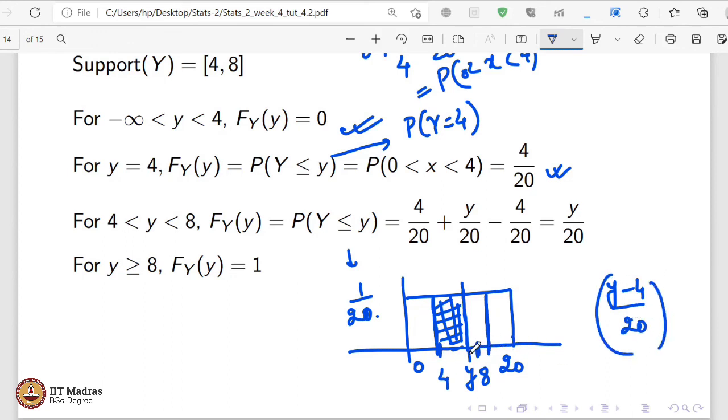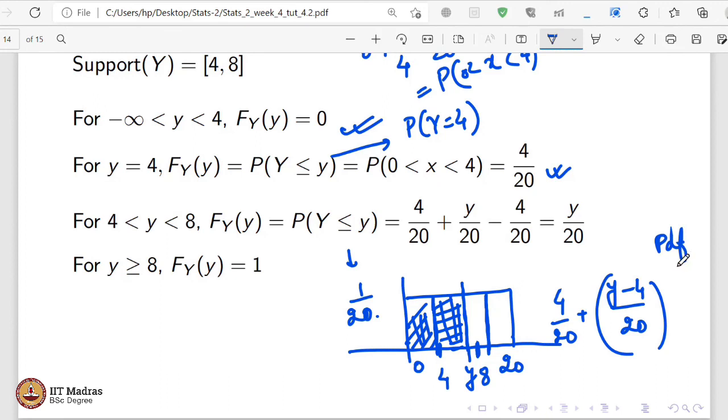Got it? So this area will be what? How much? y minus 4 upon 20, and this 4 upon 20 has been carried out, right? Because of this area. So don't get confused why we are taking this one again, because this 4 is coming here also. Because this is CDF, we are not calculating PDF.